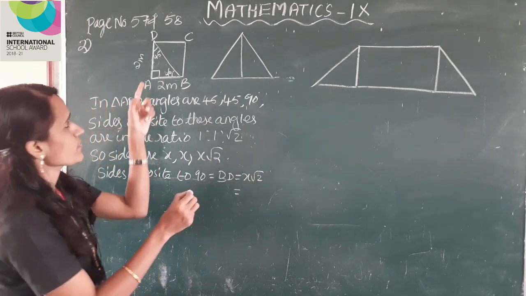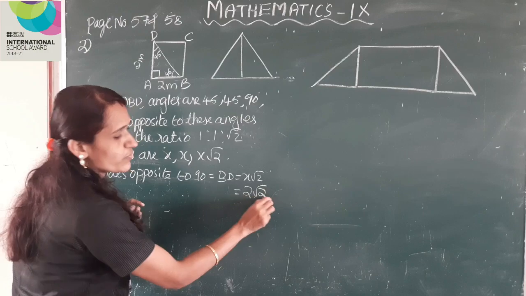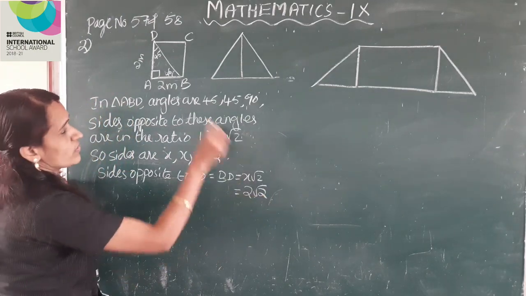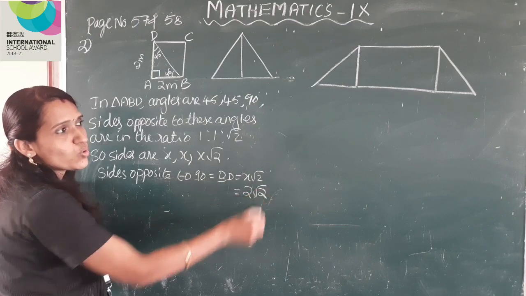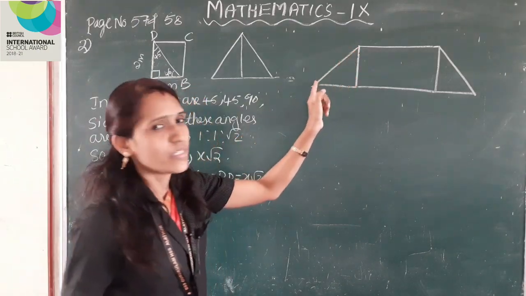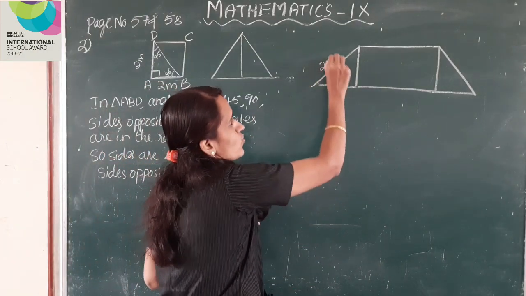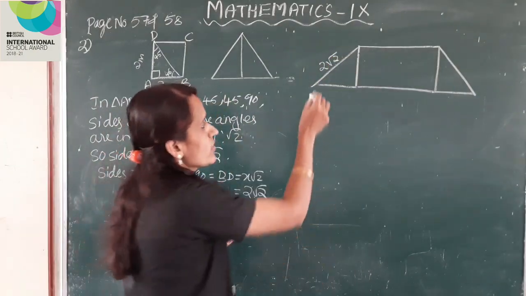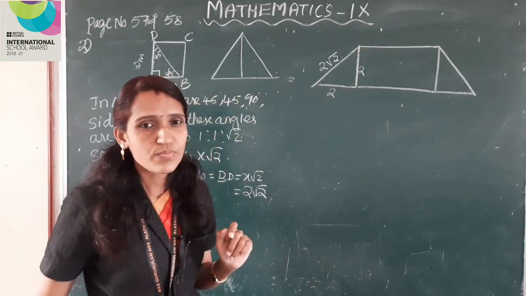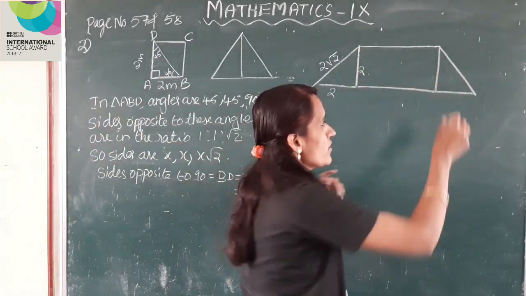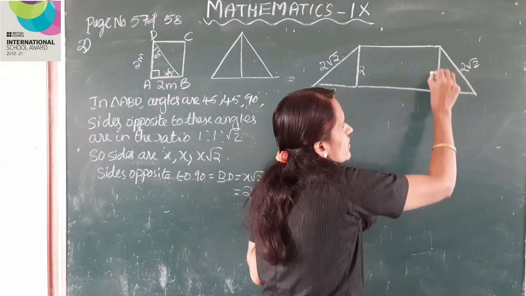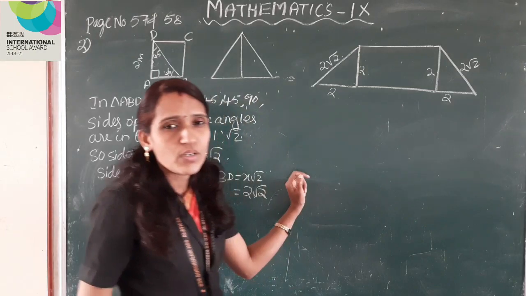Here x is 2, so BD distance is 2 root 2. So, this is the BD distance, and this is 2 and this is also 2. Next, this triangle, this is 2 meter and this is 2 root 2 and this is 2 meter.